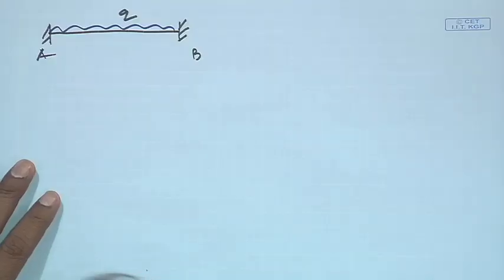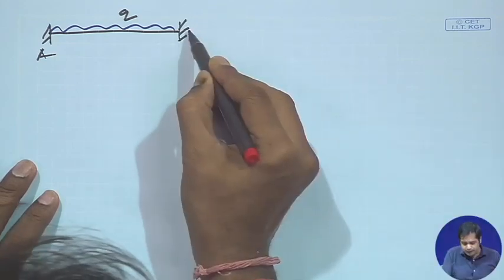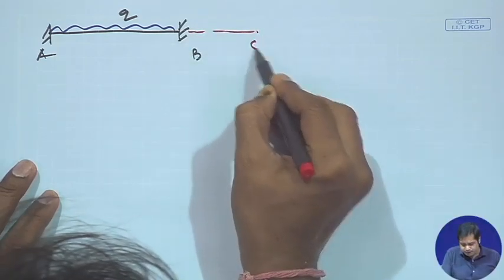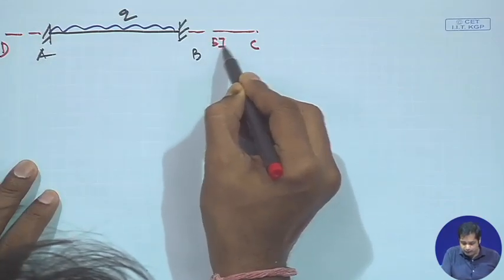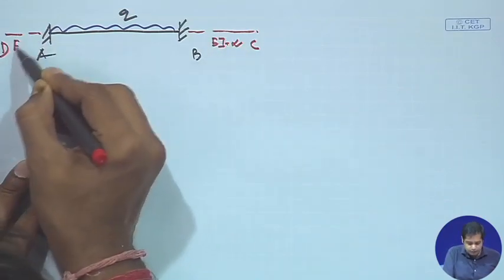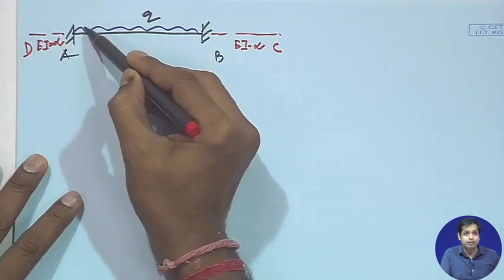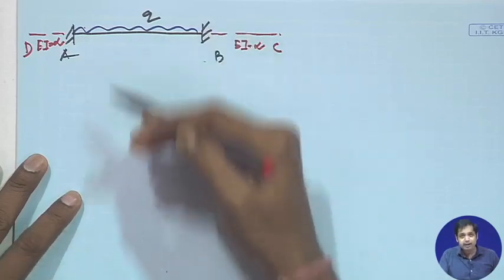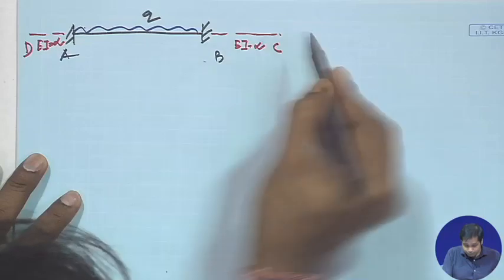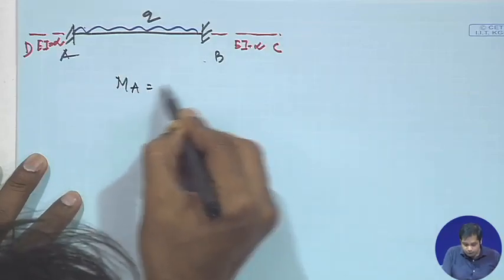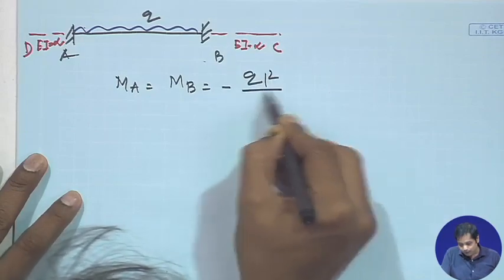We assume that there is a beam here which is C, and another beam here which is D, and for this EI is equal to infinity, for this also EI is equal to infinity. Then apply the three moment equation at A and at B, get the two equations and solve them. If we do that, then for this problem we get M_A is equal to M_B is equal to minus qL squared/12.